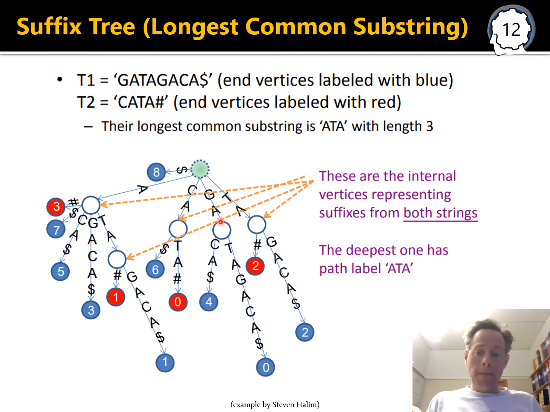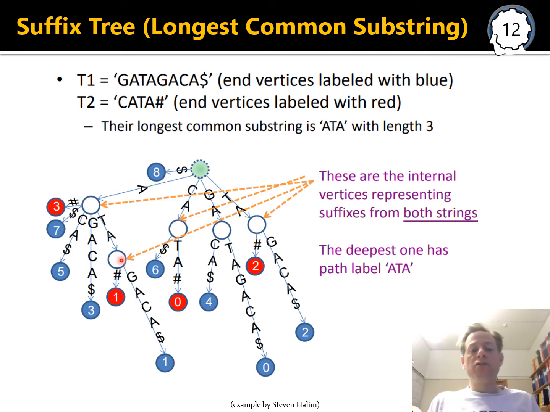And again, we now can find the internal vertices, and in this case there are 5, which all represent suffixes from both strings. So for example, we know that TA is contained in both, GA is contained in both, CA is contained in both, A is contained in both, and ATA is also contained in both.